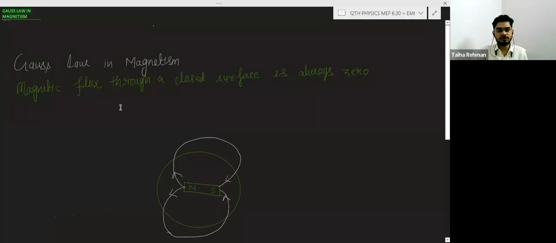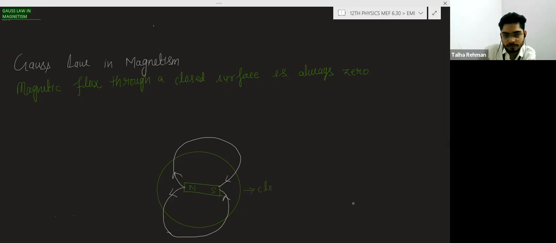So Gauss law in magnetism says that magnetic flux through a closed surface is always zero. Why? Because see here, you have one magnet, and this is the closed surface.